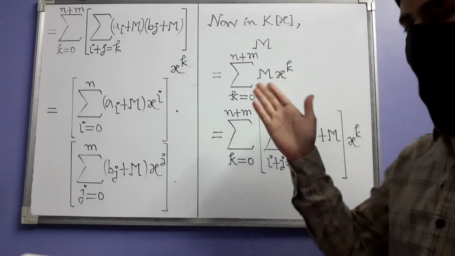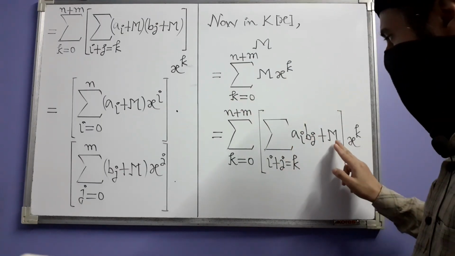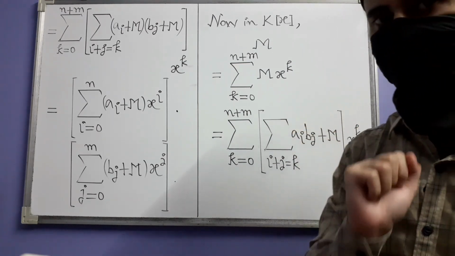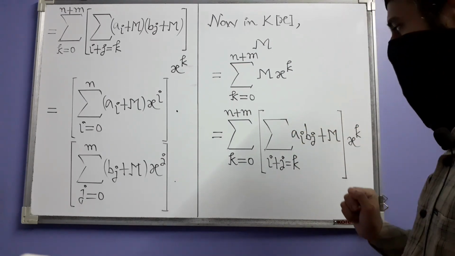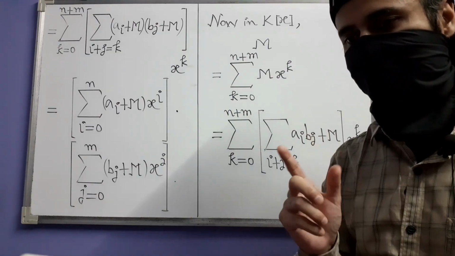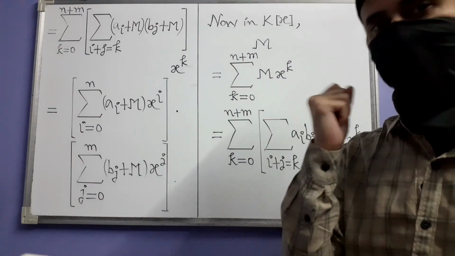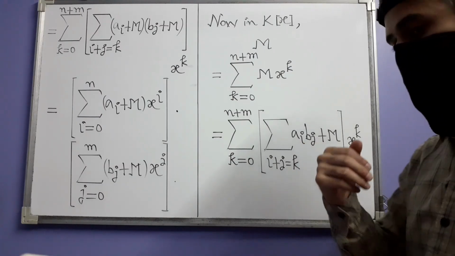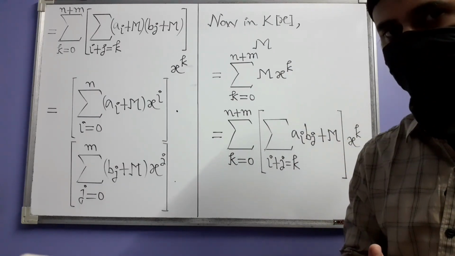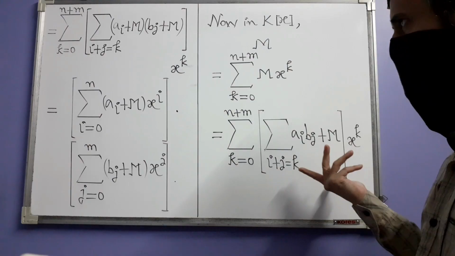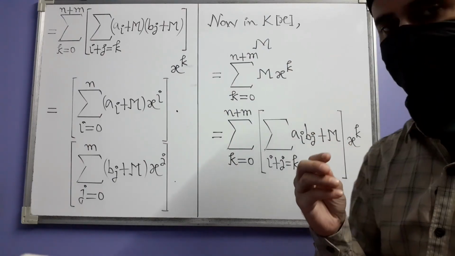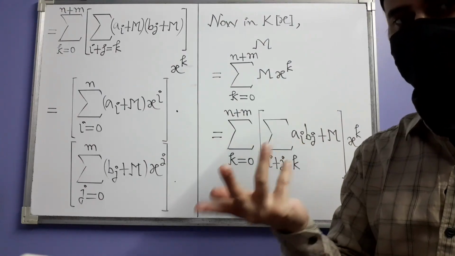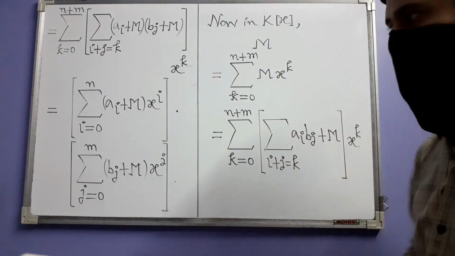But the step that I did not write involves providing brackets here, which would indicate that we are looking at a sum of some cosets of M, where the typical coset is aibj plus M. And you can do that because that is just how the definition of addition is in the field K, or in the quotient ring A/M.